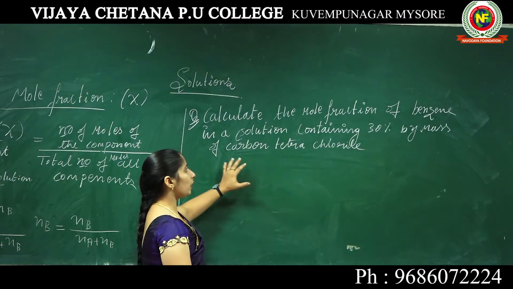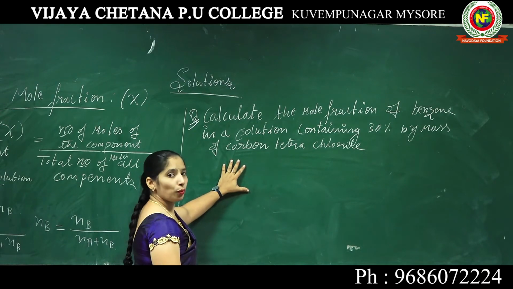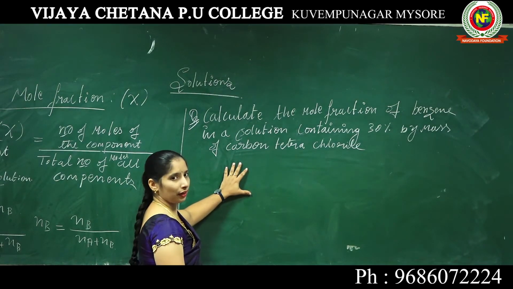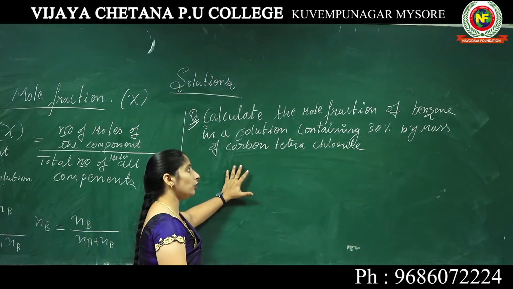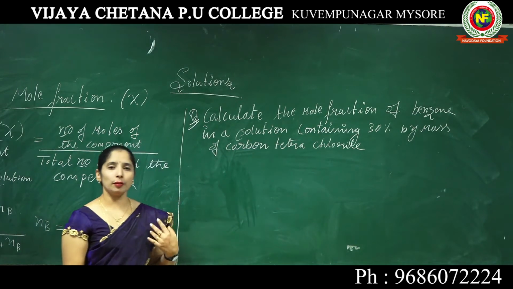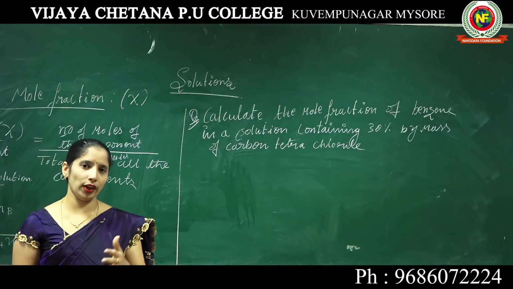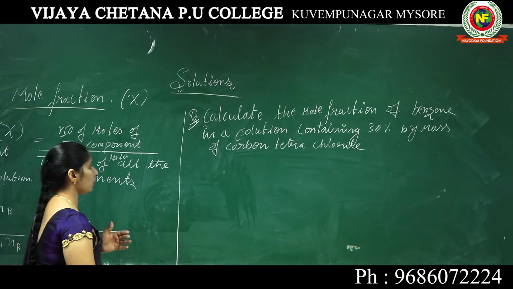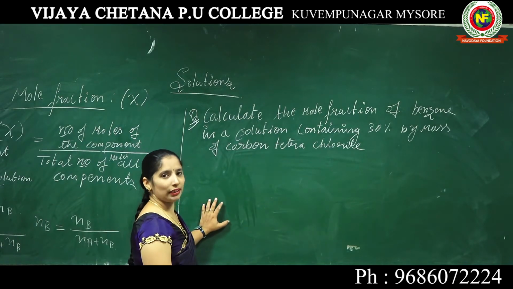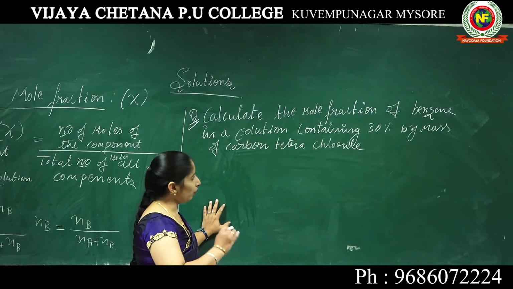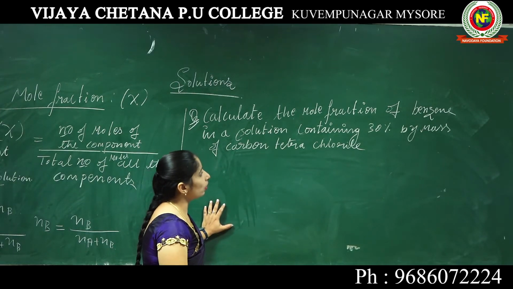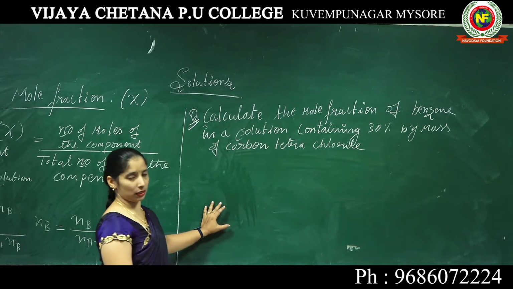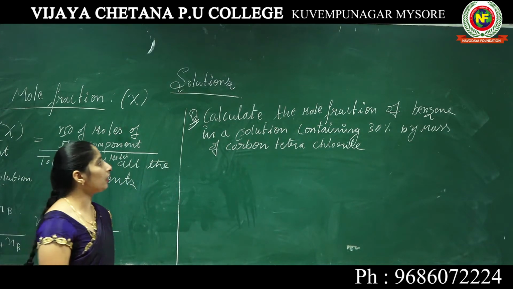Before that, we have to find out the molar mass, the molecular mass, of what? The benzene and carbon tetrachloride. In the previous classes, on ways of expressing concentration, we discussed molarity and normality. Before that, we have to find out the molecular mass or molar mass of the given compound.